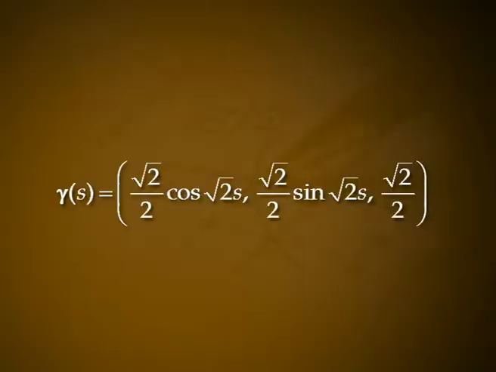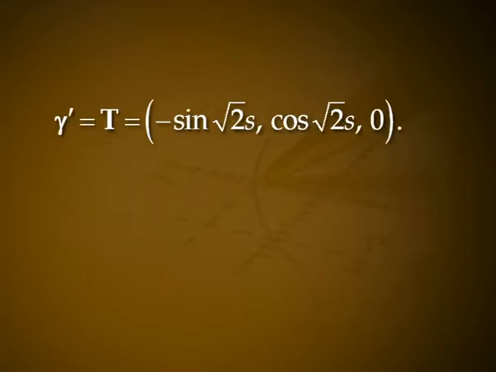Example 1. Let M be equal to S squared and let gamma(s) be the curve gamma(s) equal to (root 2 by 2 cos root 2 s, root 2 by 2 sin root 2 s, root 2 by 2). Then gamma dash is equal to T, which is equal to (minus sin root 2 s, cos root 2 s, 0).